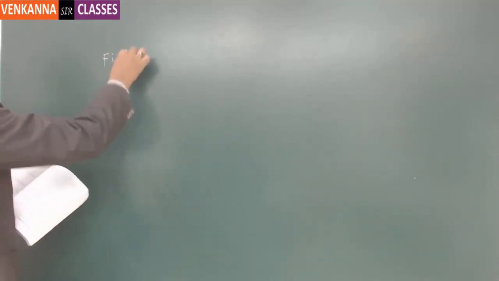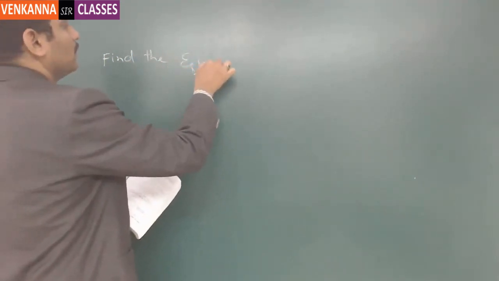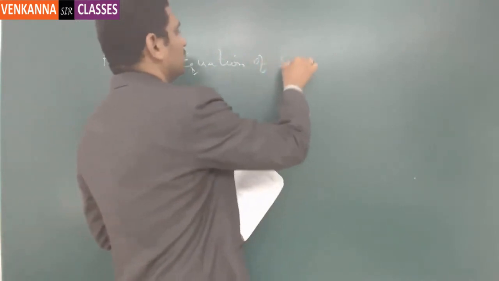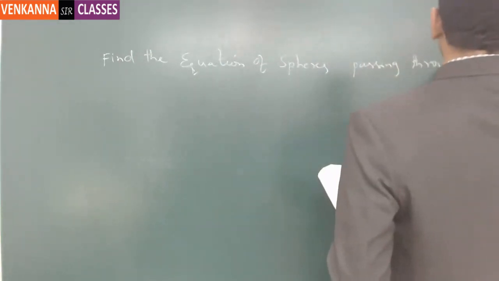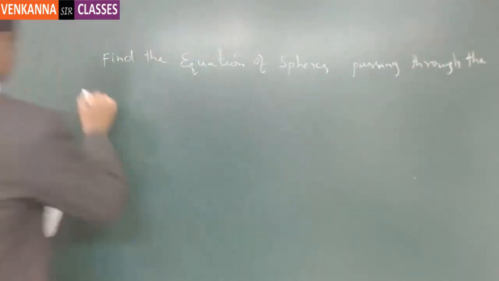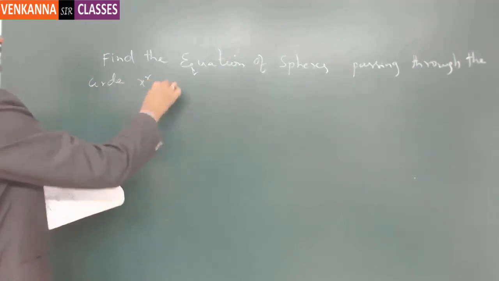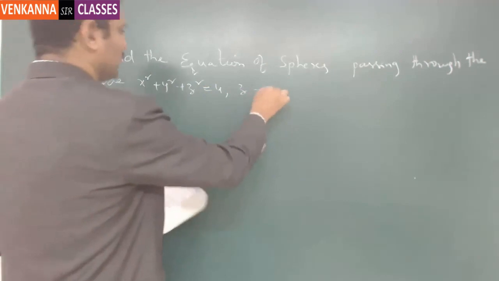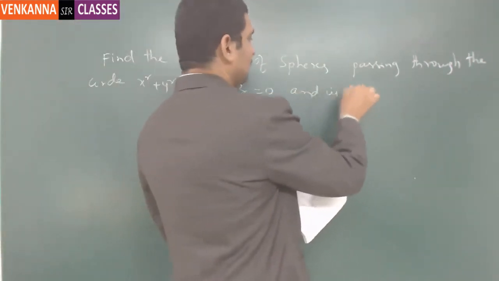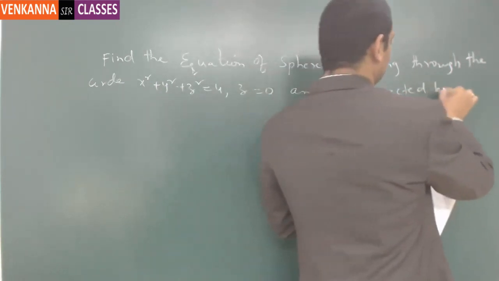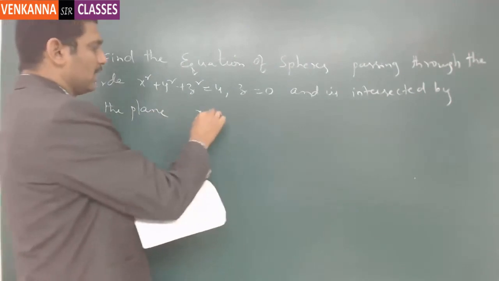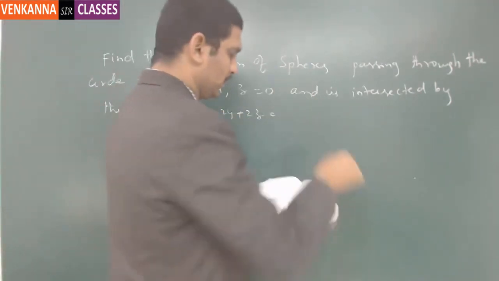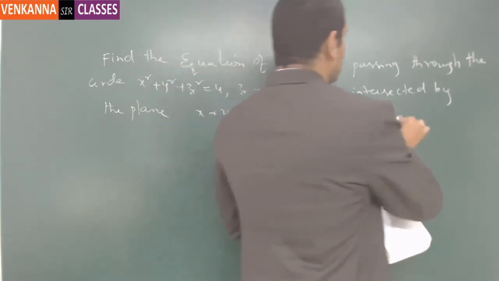So let us take the other one. Find the equations of spheres passing through the circle x square plus y square plus z square equal to 4, comma z equal to 0, and is intersected by the plane x plus 2y plus 2z equal to 0 in a circle of radius 3.